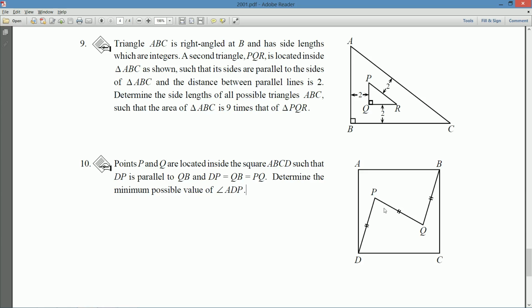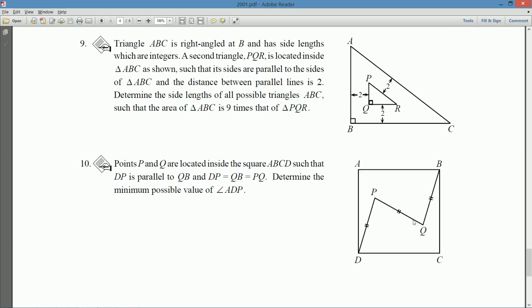At worst, you have some extra coordinates to keep track of. At best, you can start using things like the distance formula and other things like that to make your calculations a lot easier. So always a good idea to put coordinates on if you're going to add in arbitrary lengths to a question like this.